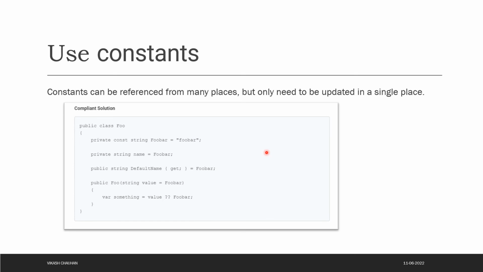And if you notice, we declared it as a private variable because this variable is used only inside this class. Again, it depends upon your application. If the same variable is required at multiple places or in different classes, then the best practice is to create a separate constant class and declare the constants inside it.